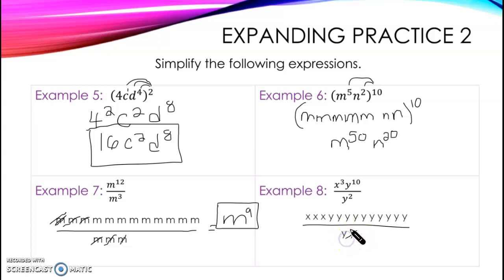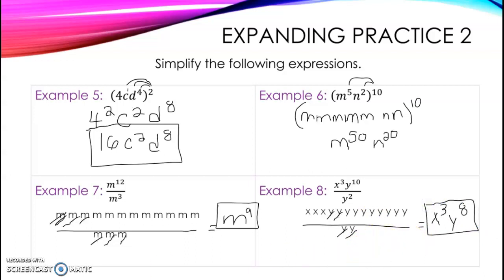If I cancel 2 of those with 2 of the y's on top, I am going to end up with 3 x's, so x to the 3rd power, and 8 y's, y to the 8th power. So that is how that's going to simplify, and we don't have to write anything on the denominator. So that is it for expanding practice, and let me know in live sessions if you have any questions.